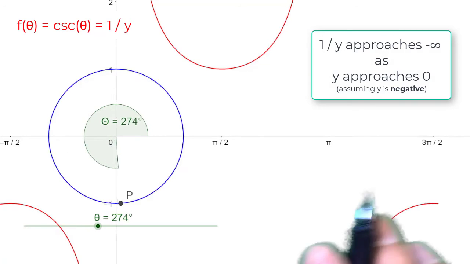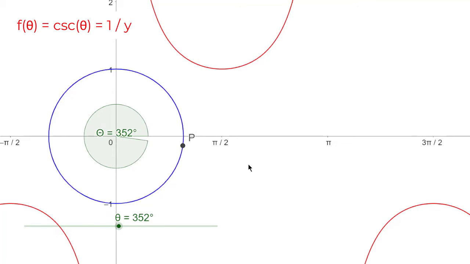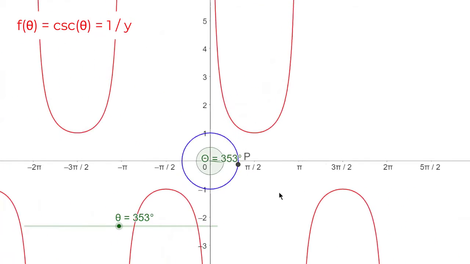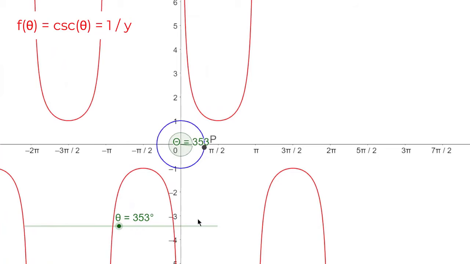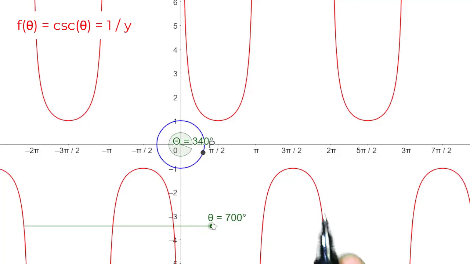The graph comes up, we can see it over here, and then goes back down. And if I zoom out to see a bigger picture of what's going on, and I continue to spin that point around the circle, we see the graph is mapping 1 over the y-coordinate of that point. And so what we're seeing in red over here is a graph of the cosecant function.